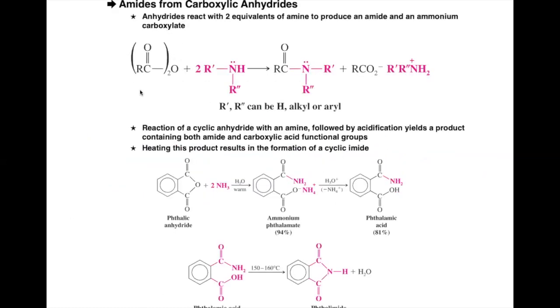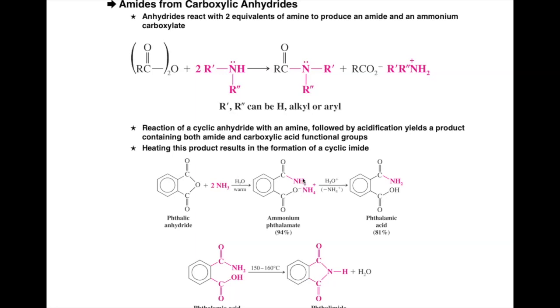Okay, so anhydrides can also react with amines to form your amide. Then reaction of cyclic anhydride with amine followed by acidification can yield both the amide and carboxylic functional groups. So this is quite unique. So you have your phthalic anhydride reacting with ammonia as the nucleophile.